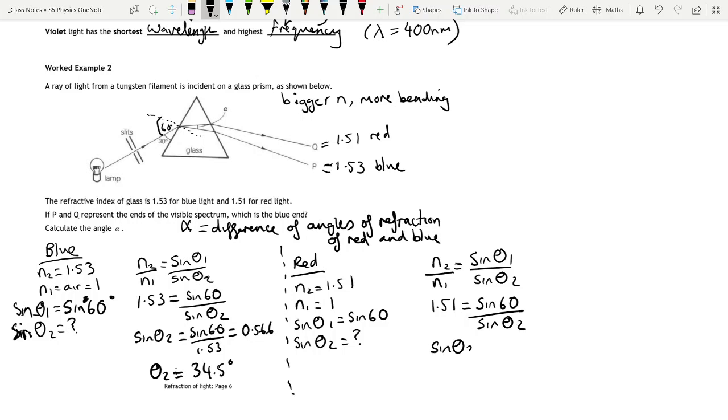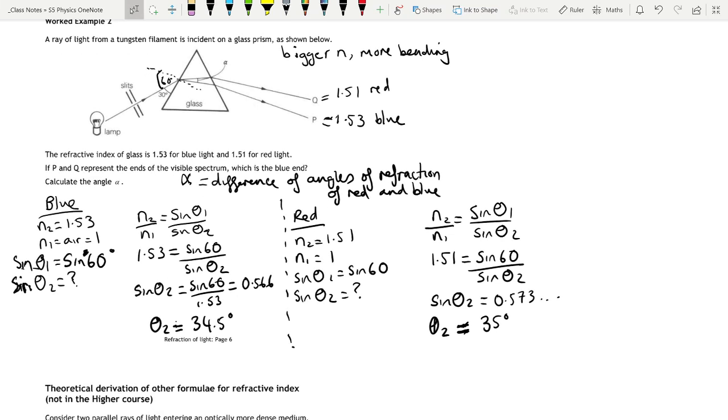So sine theta 2 ends up being sine 60 divided by 1.51, which is 0.573, and so on. So keep that in your calculator, do inverse sine of that. So theta 2 comes to 35 degrees.